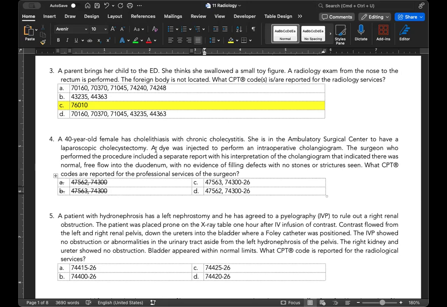Yep, we did both. We have the cholecystectomy here, and it was done laparoscopically. And then they also did the interpretation of the cholangiogram here. So, yep, we would use our 47563. So our option would be letter C. Okay. Any questions on that one?